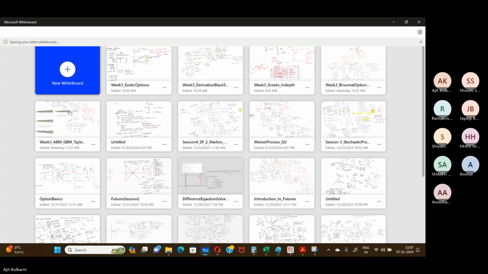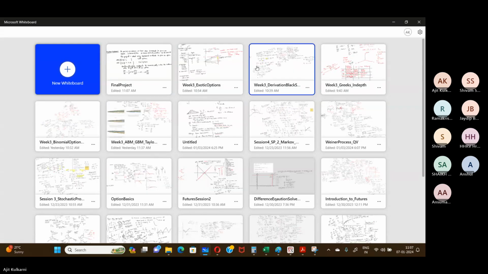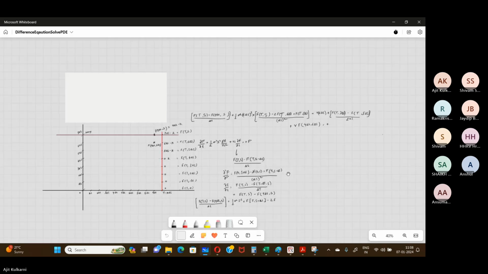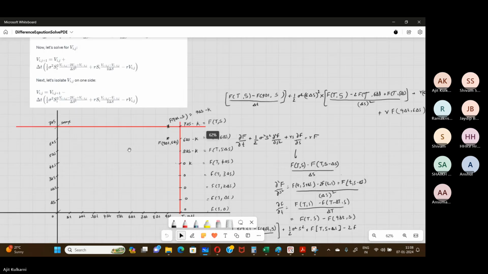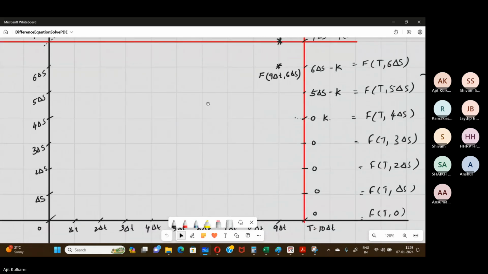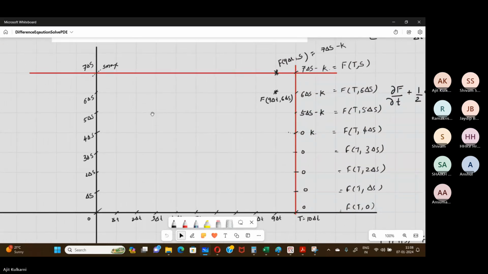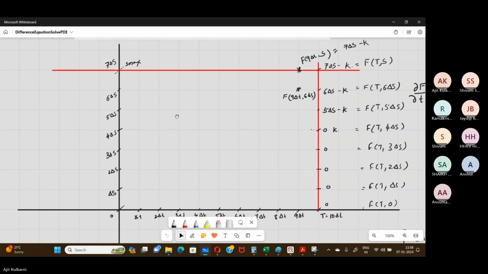So let us look at this discretization grid. Let us say you start from t equal to 0.